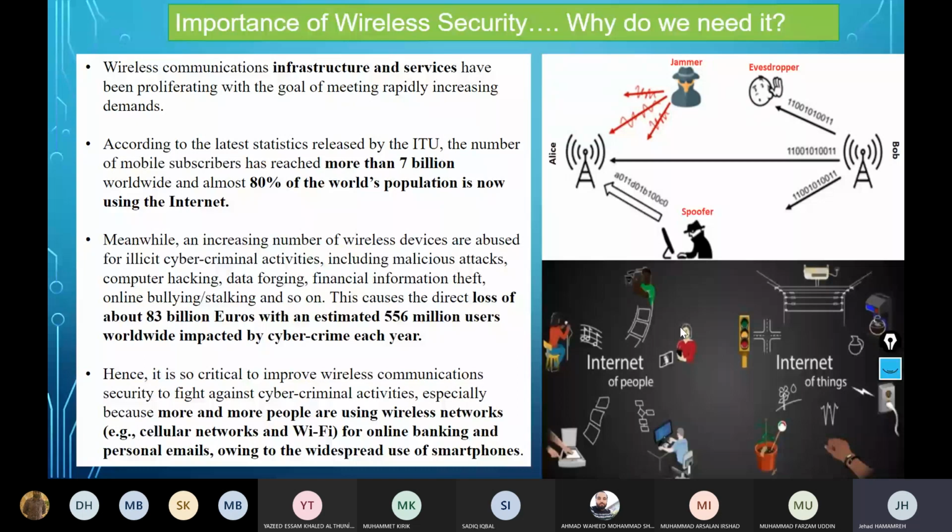And most of these cybercrimes are wireless, including malicious attacks, computer hacking, data forging, financial information theft, online stalking, whatever. All these kinds of attacks are being conducted each and every day.